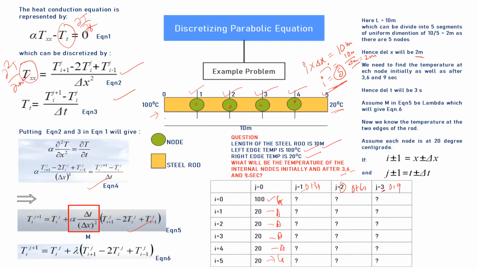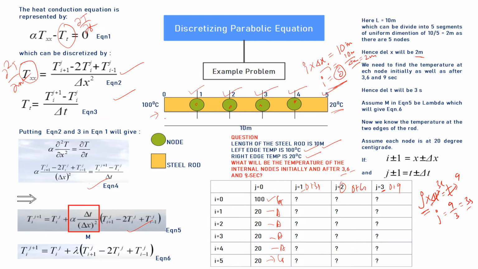Here also, as you know, j into del t is equal to the total time T. So if I know that this T is 9 and this del t is 3 seconds, then the segment of time scale will be j equal to 9 by 3.